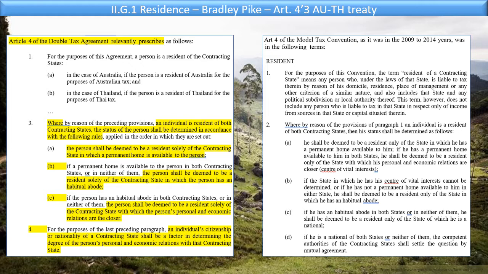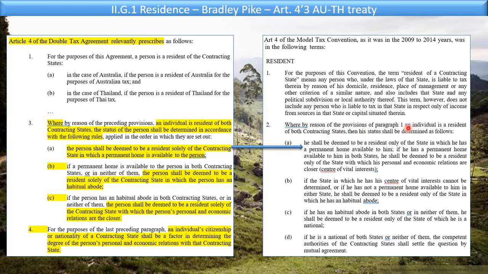So 4.3 in the Australia-Thailand Treaty says, where by reason of the preceding provisions an individual is a resident of both contracting states, the status of the person shall be determined in accordance with the following rules. The person shall be deemed to be a resident solely of the contracting state in which a permanent home is available to the person. And that coincides with paragraph A here, right?